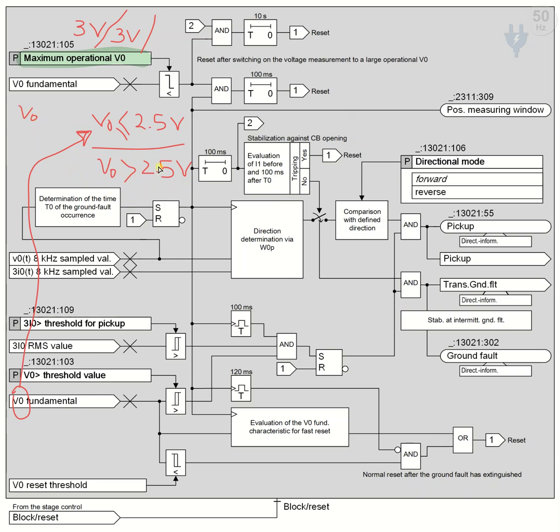Whatever it is, greater than 2.5, it can be 2.6, we multiply that value of zero sequence voltage by 1.2. It means we apply 120% of the zero sequence voltage as the maximum zero sequence operational value, instead of applying 3 volts.